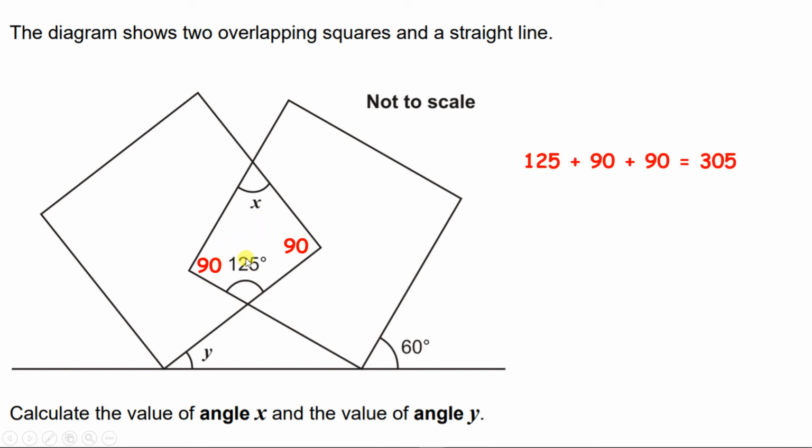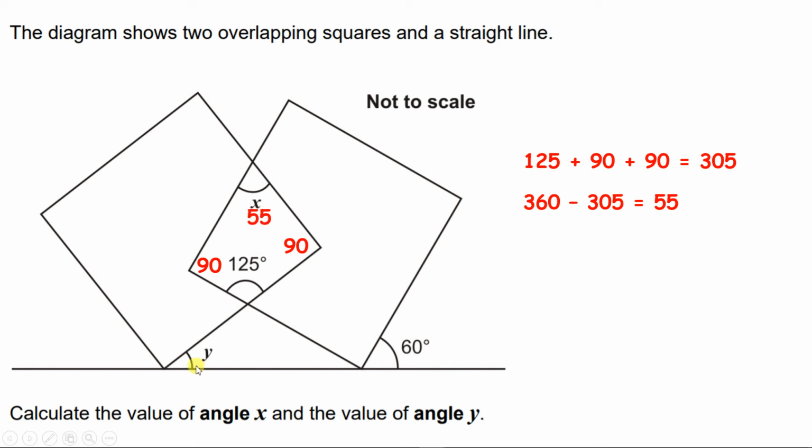So they've given us 125 plus two 90 degree angles. They've given us 305 degrees. We know that the total has to be 360. So if we take 305, the total of the angles they've given us, away from 360, that gives us angle X, which is 55 degrees.